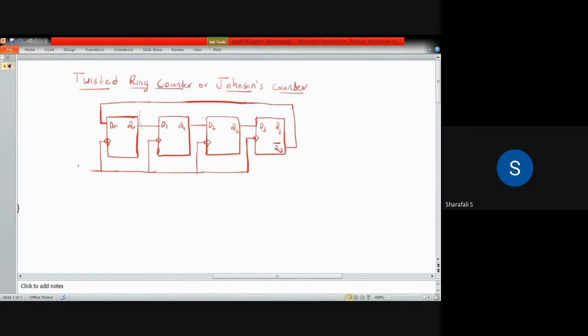Here we will have the clock, and also all the other connections. But one more difference is that we have the clear or preset option here.